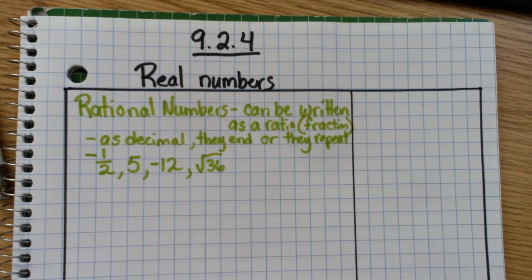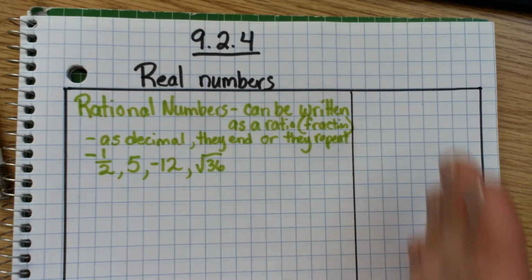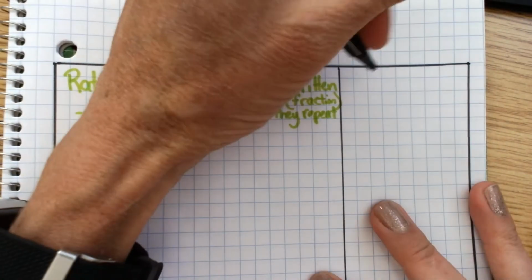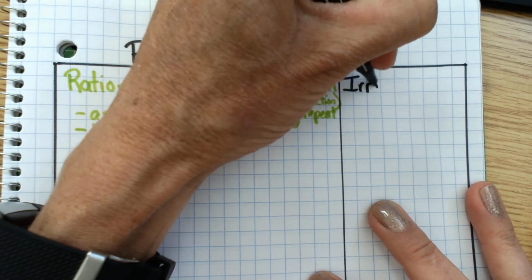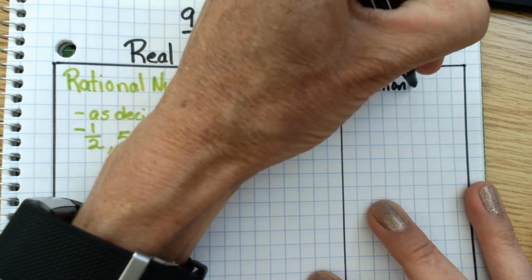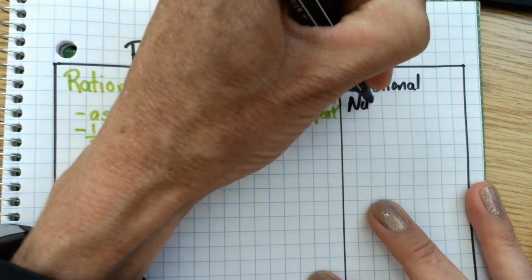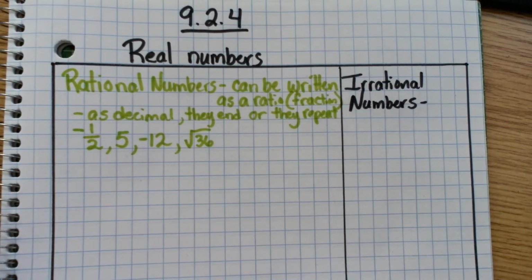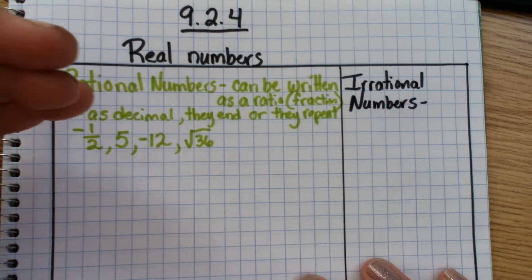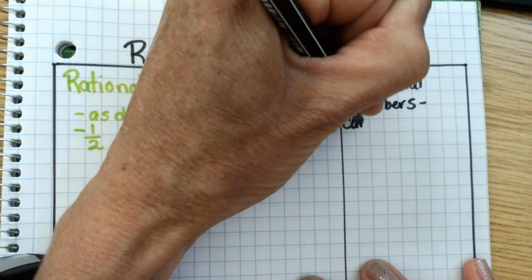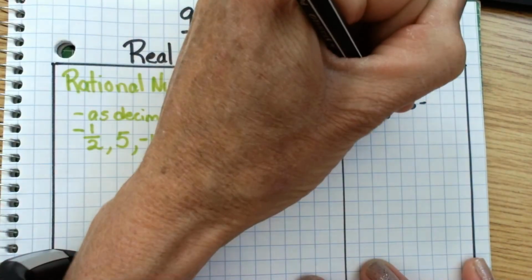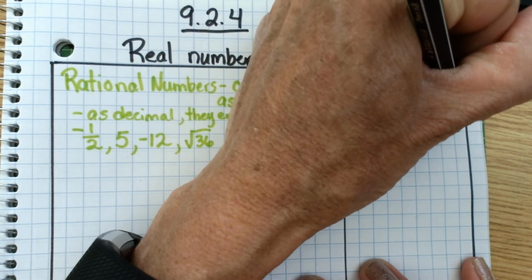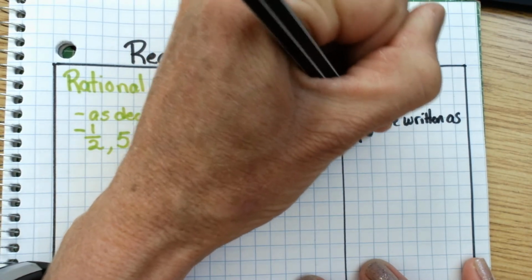The other section over here that I have a smaller part dedicated to is for irrational numbers. Irrational numbers cannot be written as a ratio.